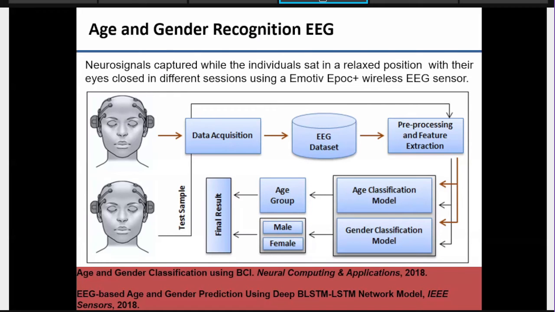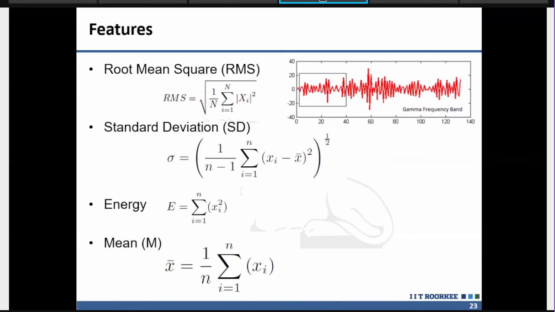Which features are commonly used? This is a very good question. I have just shown you these three or four different features, but you have to see what you are interested in, for example epileptic seizure prediction or depression analysis. There are lots of research papers where people analyze different kinds of features to see which are good. In comparative studies, someone says root mean square may be good, someone says the mean feature is good.